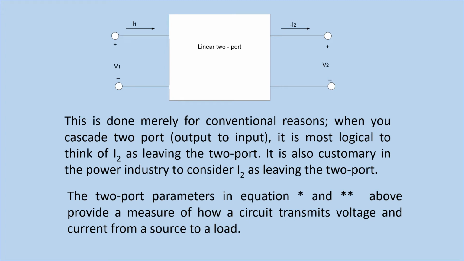Now the two equations in slide 18, that is V1 equals A V2 minus B I2, and I1 equals C V2 minus D I2, provide a measure of how the two-port network or circuit transmits voltage and current from the source to the load.